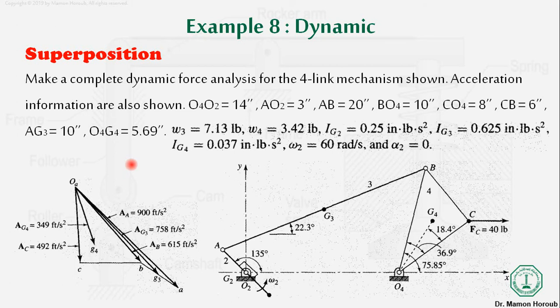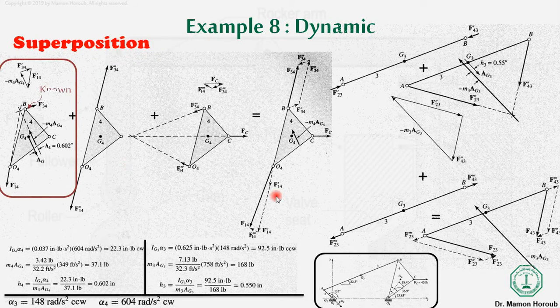So first we will start from link 4. As I told you, if you look here at link 4, a force Fc is applied at point C. Similarly, there will be an inertial force, and also there will be forces due to the interaction with link 3, the interaction of link 4 with link 3, and then the interaction of link 4 with the ground link 1.